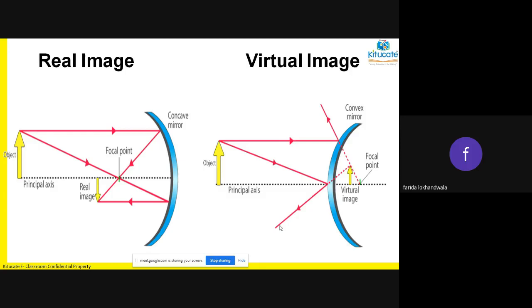Basically any image that you see on a reflecting surface, be it on the window, on the water surface, on the mirror, or on any steel spoon, all those images are virtual.